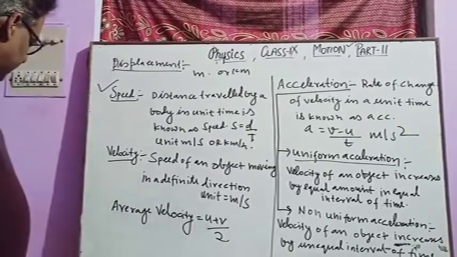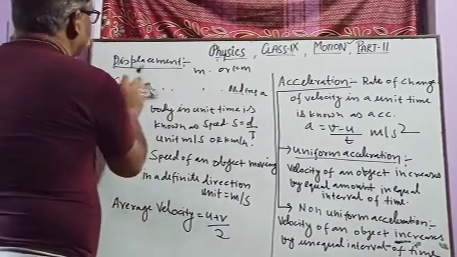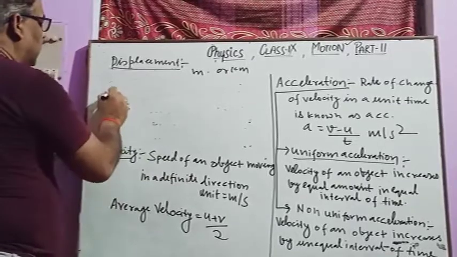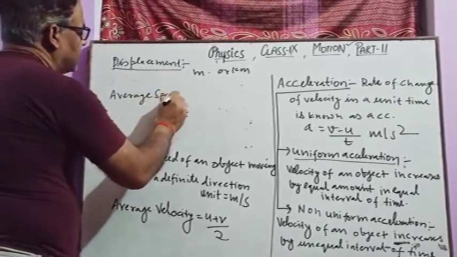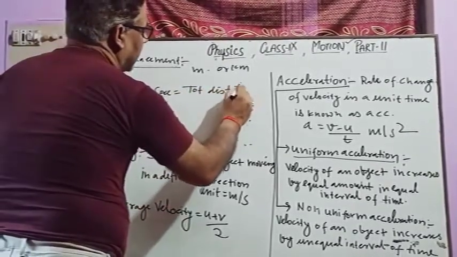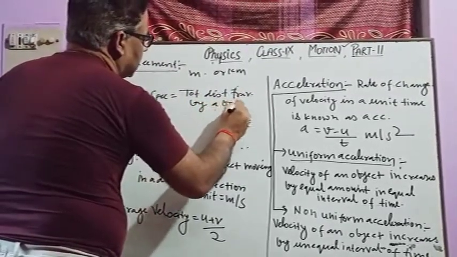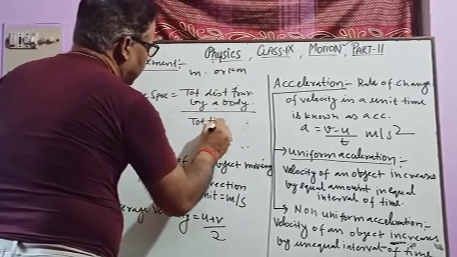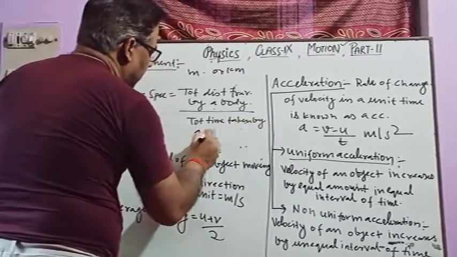Now we are also discussing the average speed. When we calculate the average speed of anything, average speed is the total distance traveled by a body upon total time taken by a body.